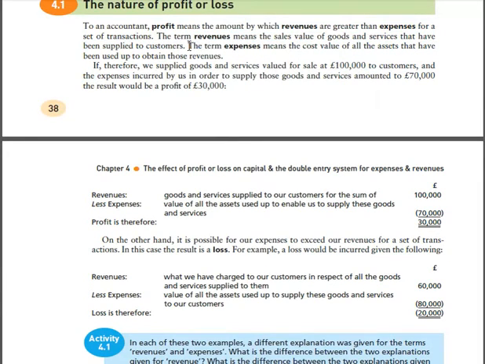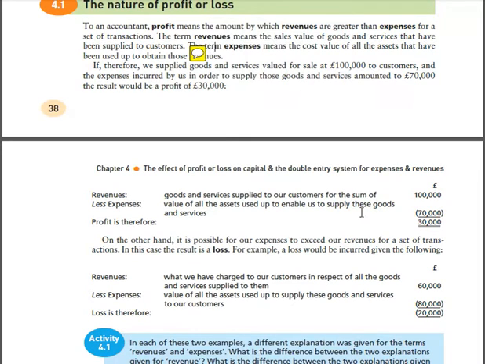Expense, on the other hand, is the cost value of all the assets that have been used to obtain those revenues. So, all cost items that we have incurred in the process of generating revenue are called expenses. The two key elements, revenue and expenses, when subtracted, result in a profit.